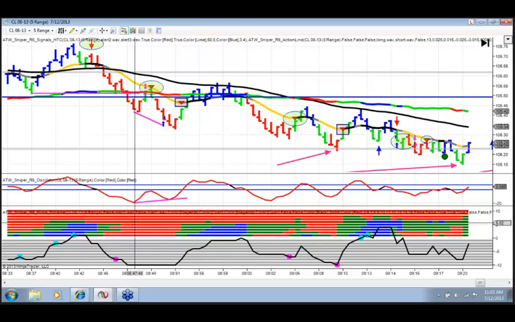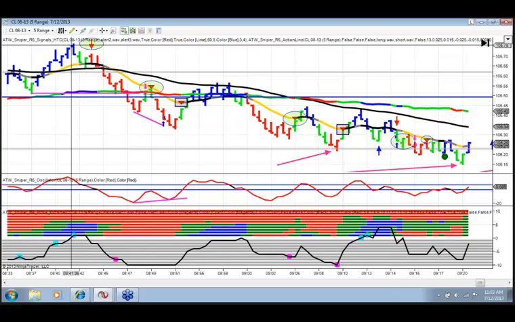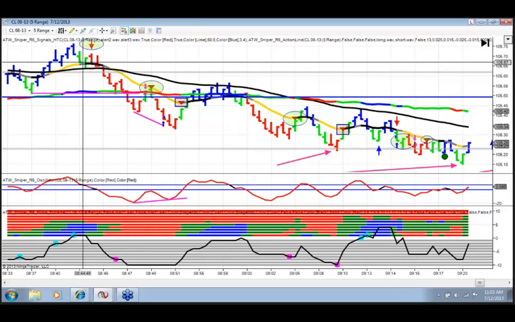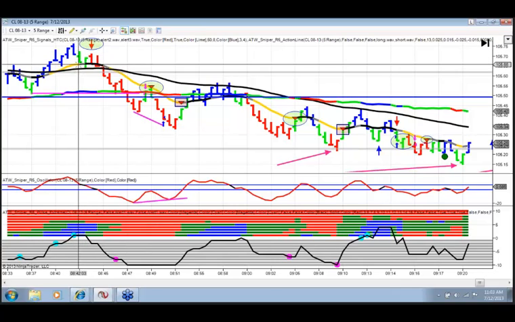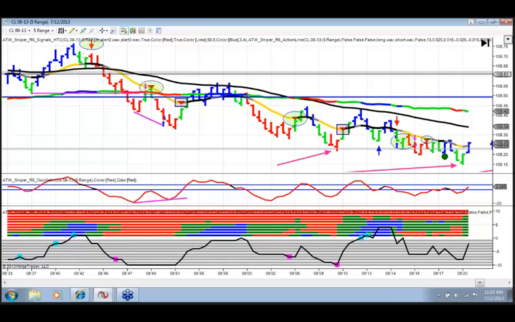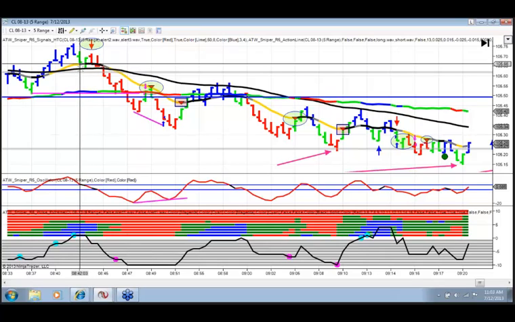So in other words, when we pulled back here to the action line, this was not an X-trade buy because we had both red and blue bars. That's why this was not an X-trade buy right here.